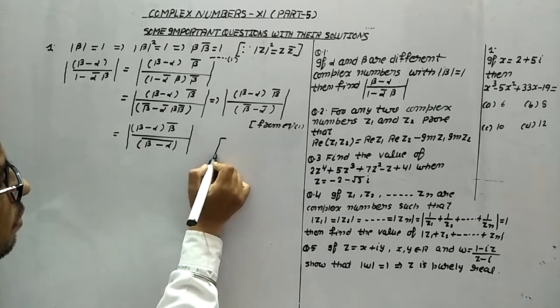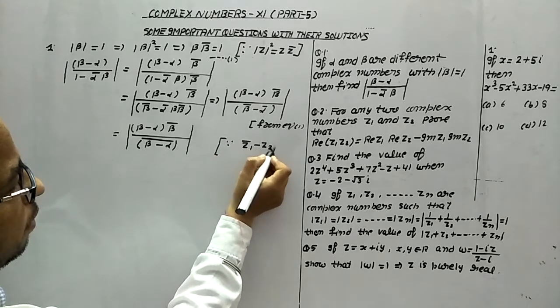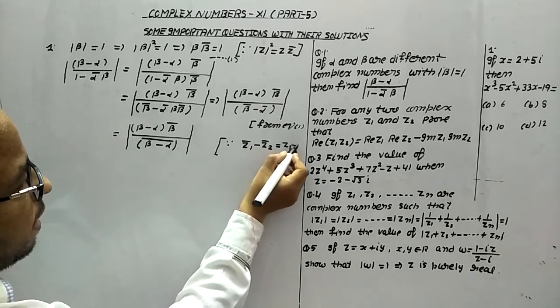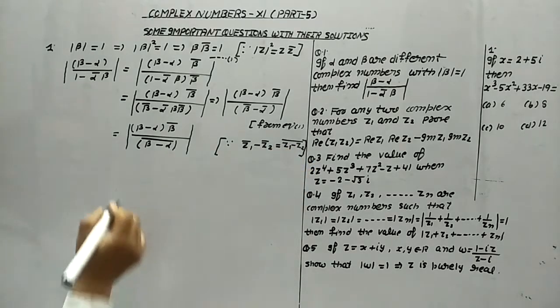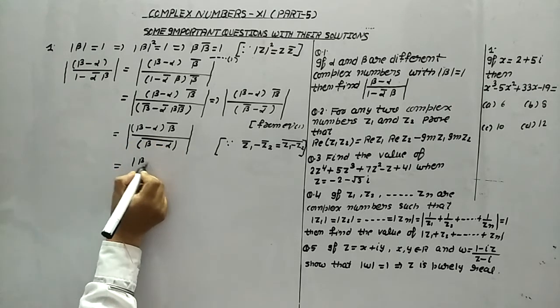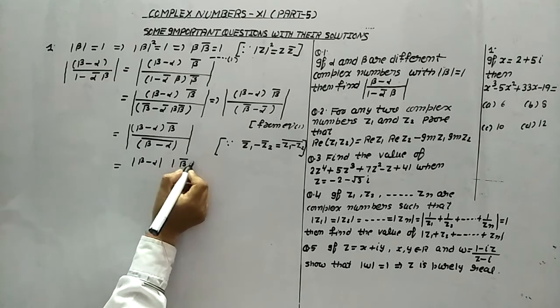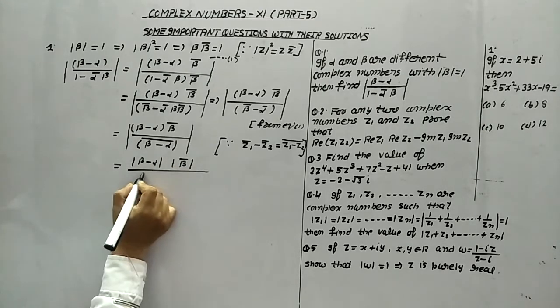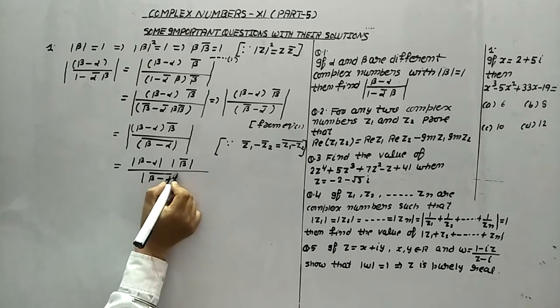The reason is that we know z1 bar minus z2 bar is equal to the bar of z1 minus z2. So for each property we have to state whatever we are writing. Now with that property, you can write modulus of (beta minus alpha) times modulus of beta bar, over modulus of beta minus alpha bar.